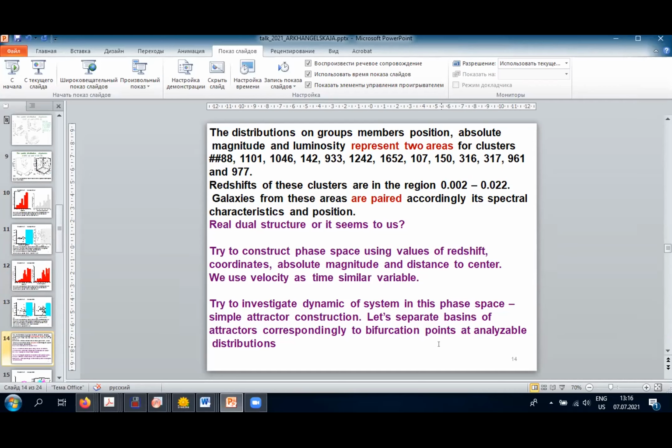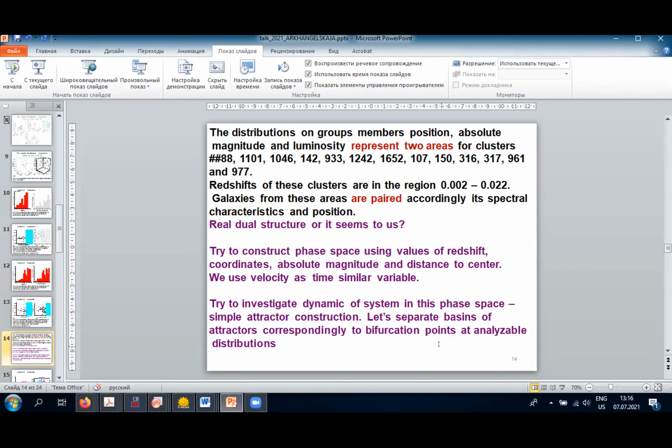We can try to make an analysis of the phase space of these systems. Let's try to construct the phase space using values of redshift, coordinates, absolute magnitude, and distance to the center of the cluster. We must find a value which we will use instead of time.